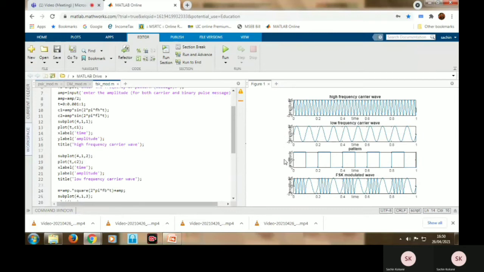For the message signal, by default the amplitude was also minus 0.5 to plus 0.5, but here we are adding an offset of 0.5. That's why the polar signal gets converted to unipolar. Where we added this offset we can see plus amp. This amp value is 0.5: if amplitude is equal to 1, then amp equal to amp divided by 2 means amp became 0.5. So we have added an offset of 0.5.